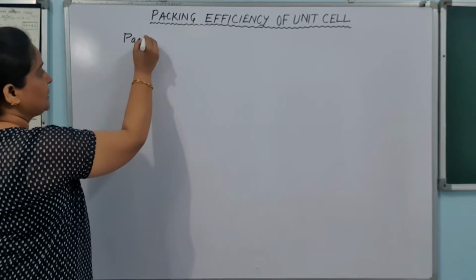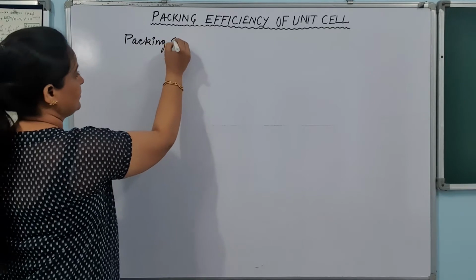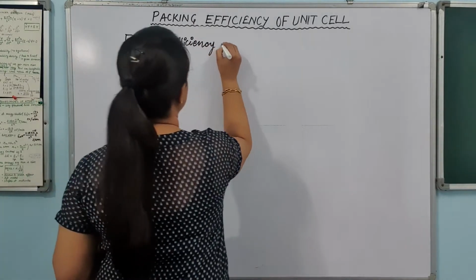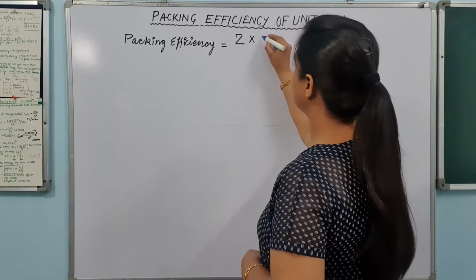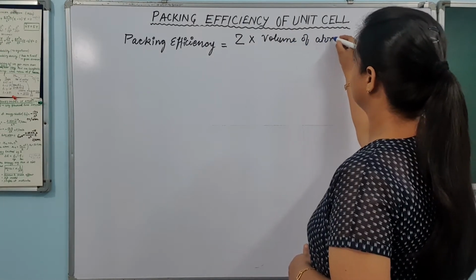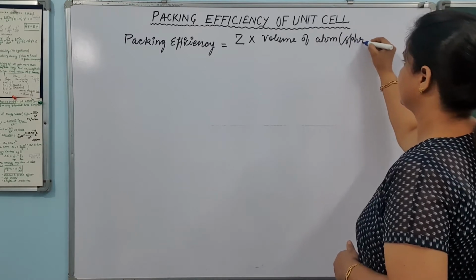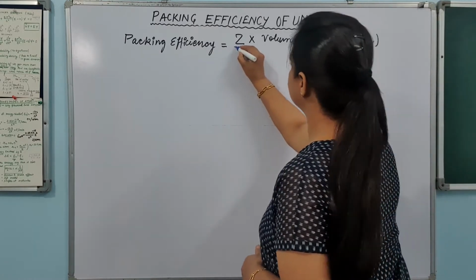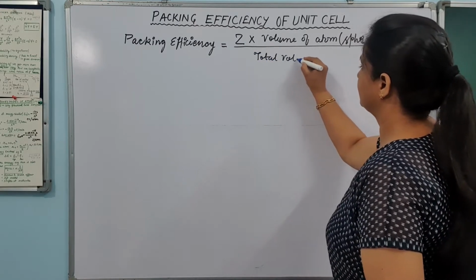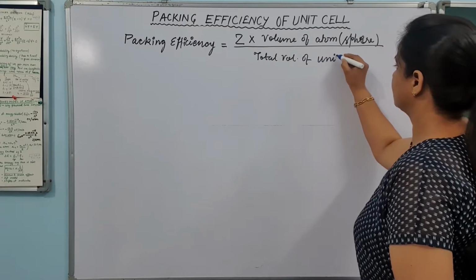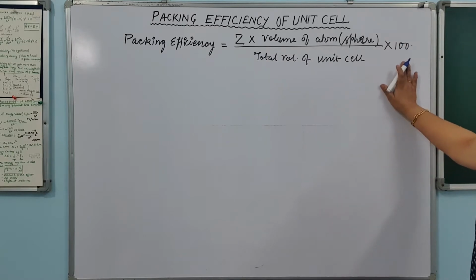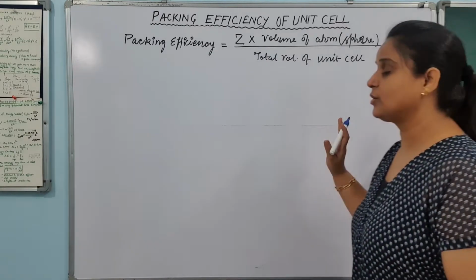I am writing down the formula. Packing efficiency equals Z multiplied by the volume of an atom, which we are taking as a sphere, divided by the total volume of the unit cell, multiplied by 100, because we will be calculating only the percentage efficiency of that crystal or unit cell.